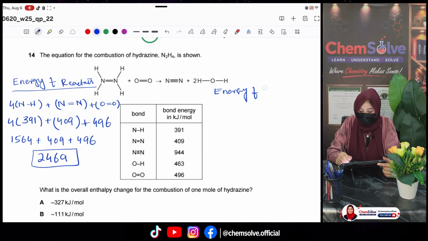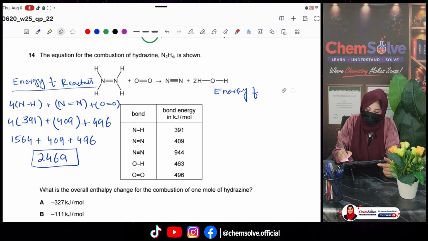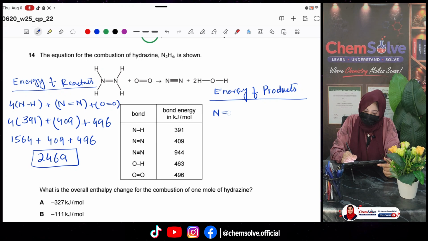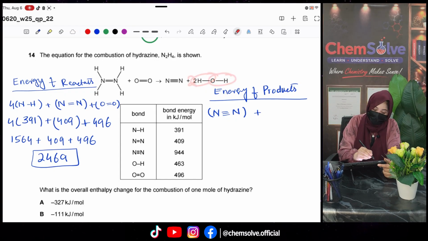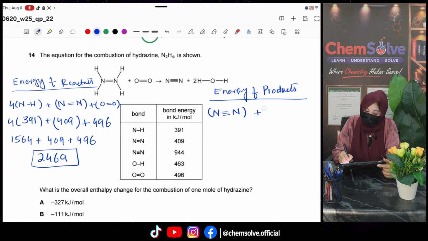So now calculate the energy of products. We have one N triple bond N, and we have O-H bonds, which are multiplied by 2 as well. So overall, there are 4 O-H bonds, right?